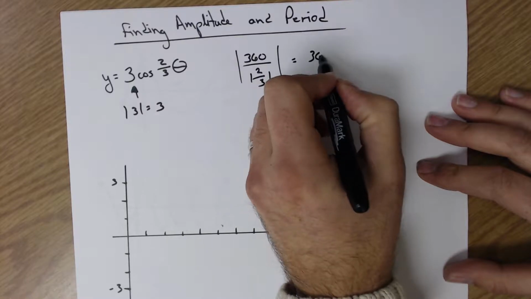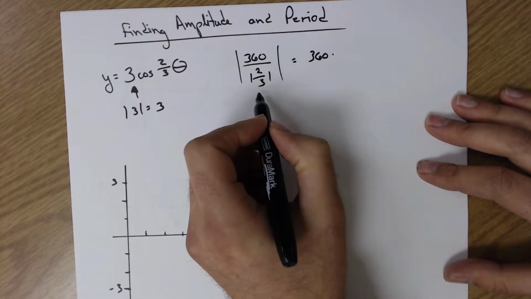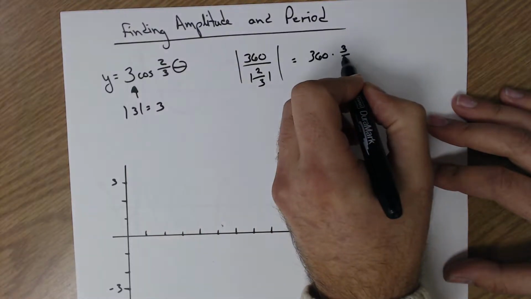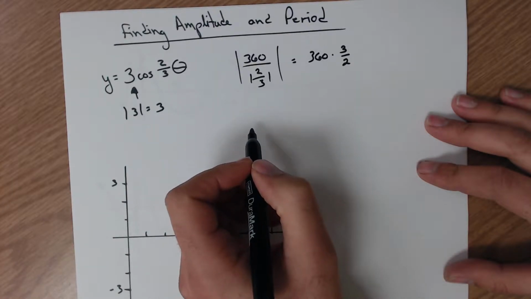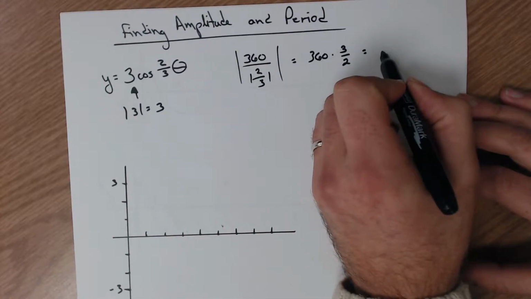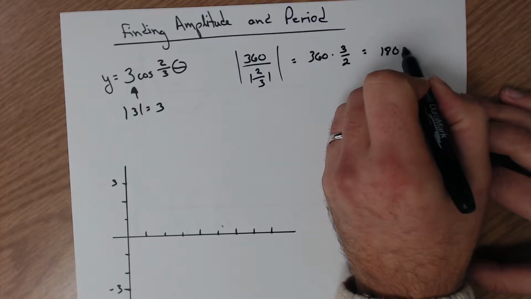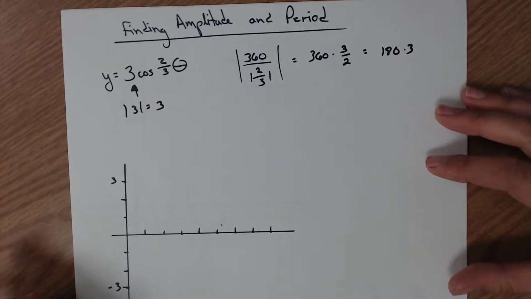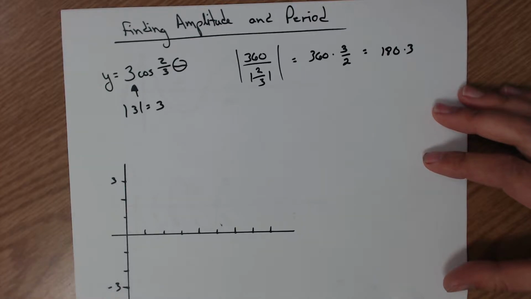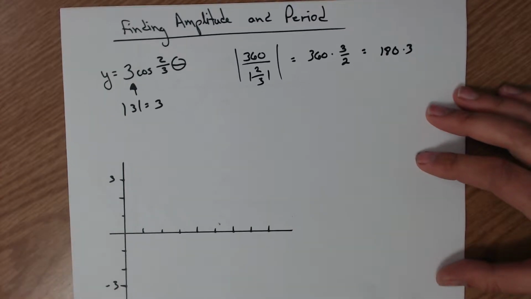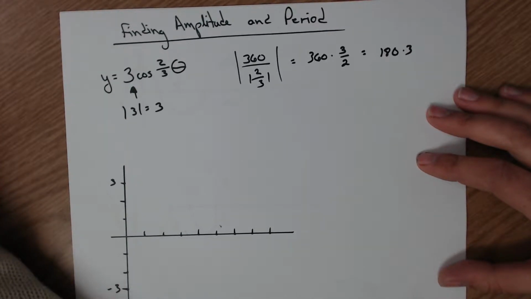So that's 360 times the denominator's reciprocal, or 3/2. 360 divided by 2 is 180. I still have to multiply that by 3. And that is 360 plus another 180. So that's 540.